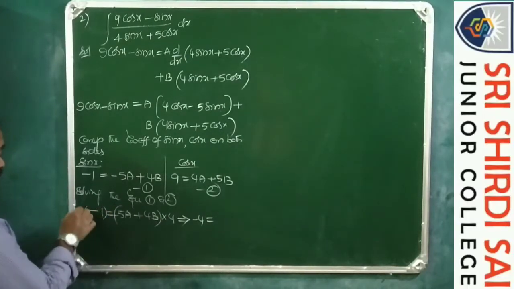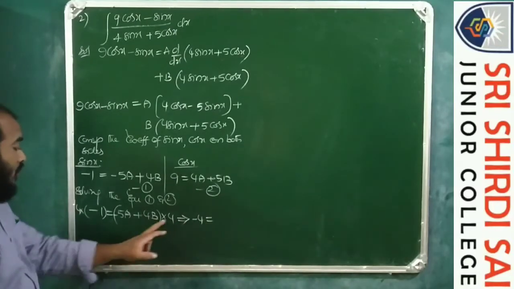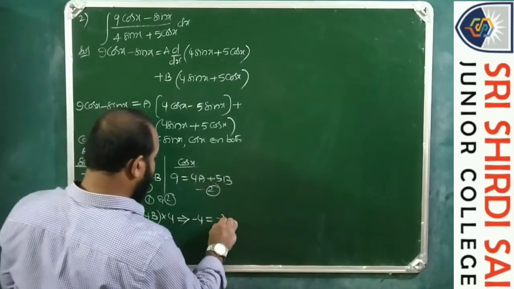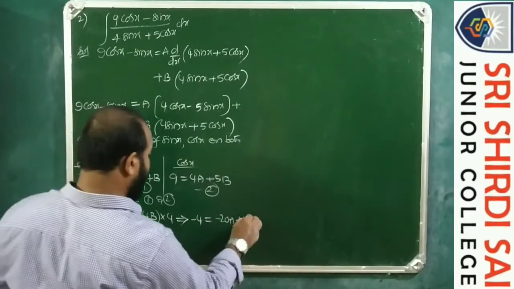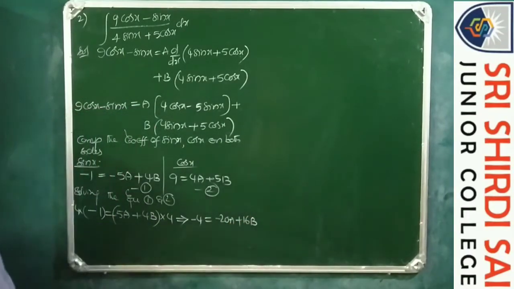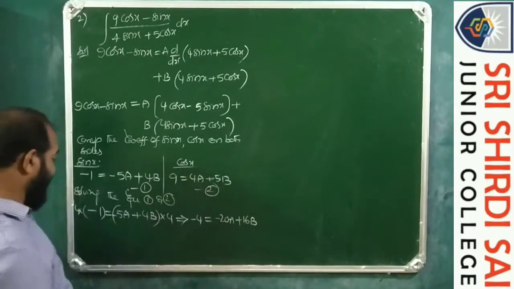I will multiply with the 4 on both the sides. 4 into minus 1 minus 4 equals to 4 into minus 5a minus 20a plus 4 4 is 16b. Likewise second equation I will multiply with the 5.